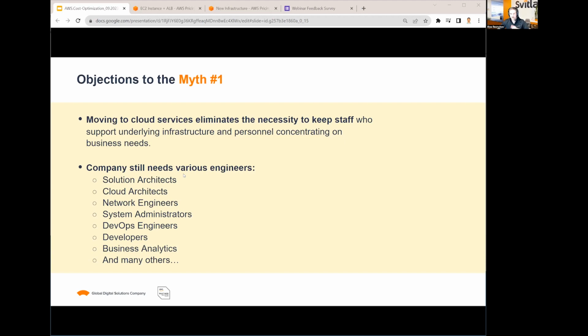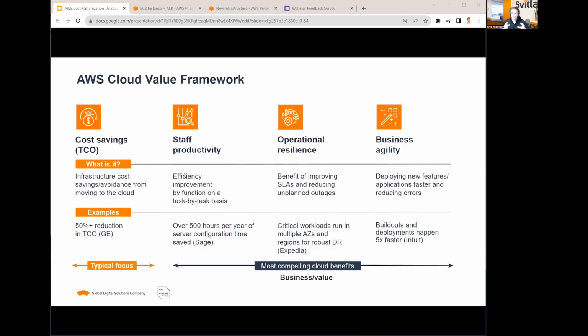But it means that the company still needs engineers who will work on the application, on supporting infrastructure, supporting cloud infrastructure. That is why engineers like cloud architects, network engineers, security engineers, and DevOps will still be required by the company, but they could focus more on business-related questions, business-related tasks.